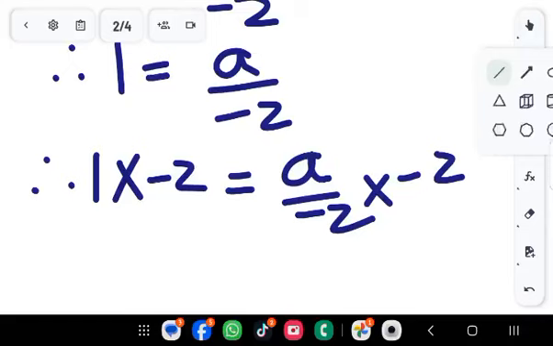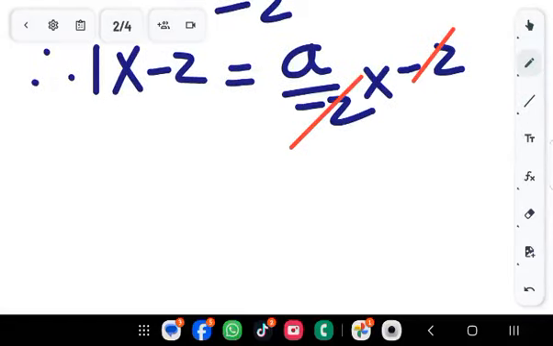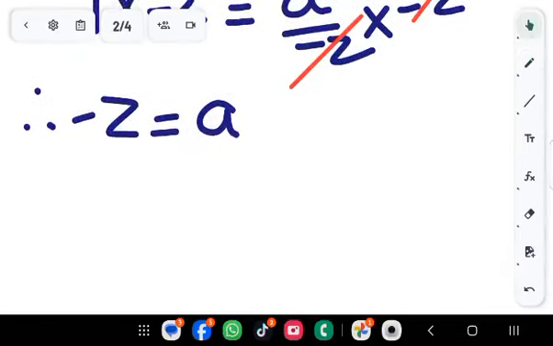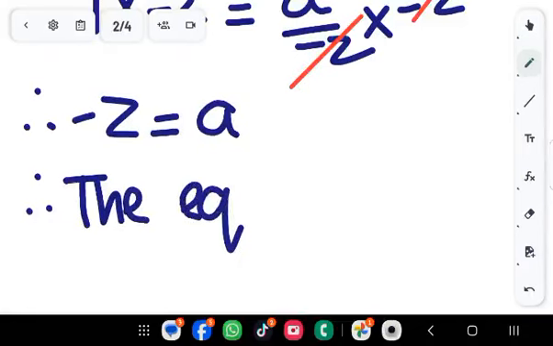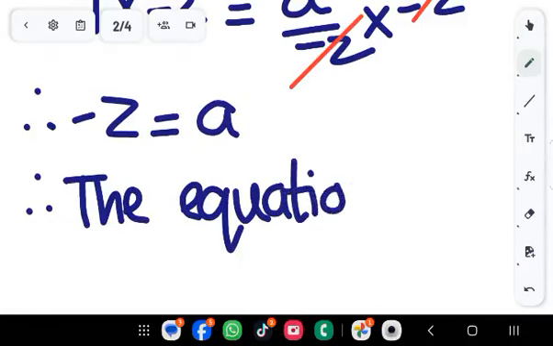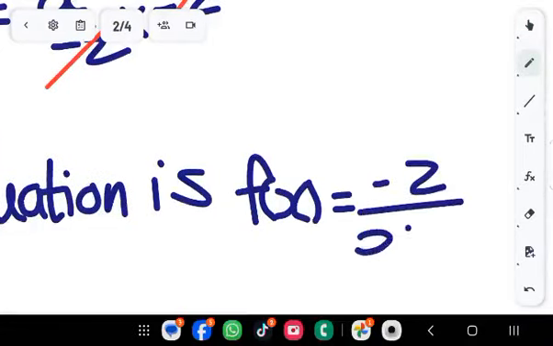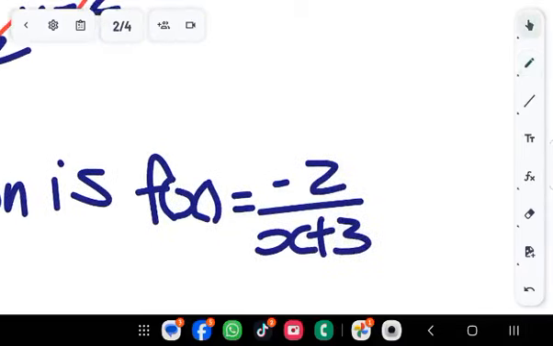The -2's cancel out, and on the left hand side we're left with -2, so -2 equals a, and that is the value of a. Therefore the equation is f of x equals -2 over x plus 3, minus 1.